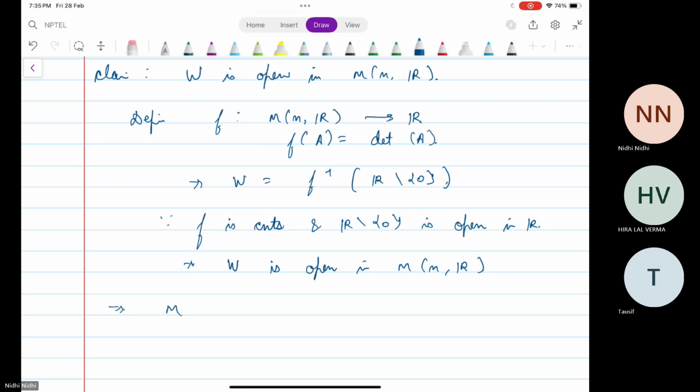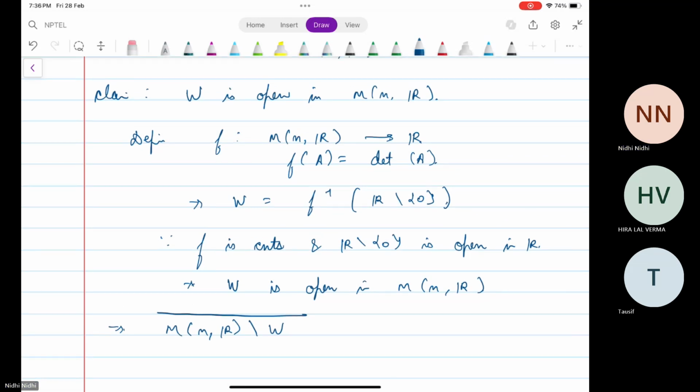This implies MnR minus W closure, this is MnR minus W. W is open, W complement is closed, so this closure should be equal to W complement closure.